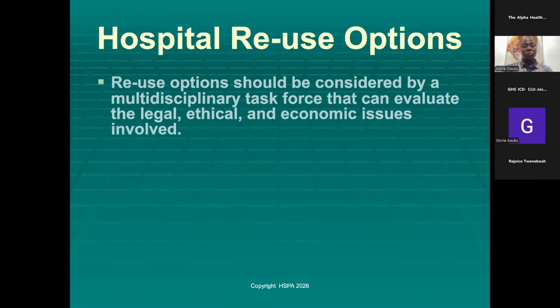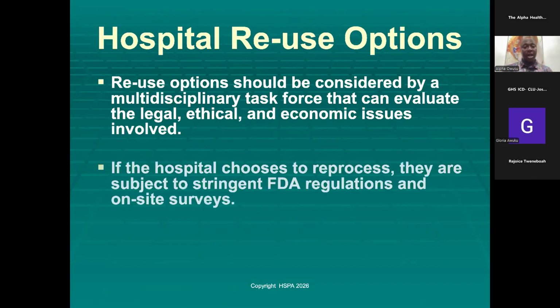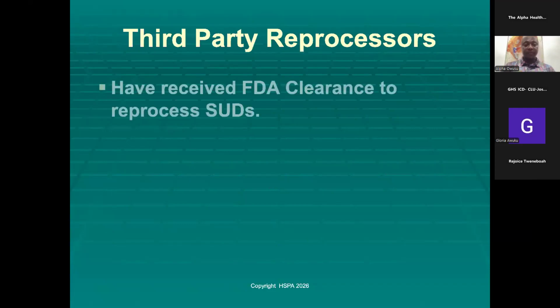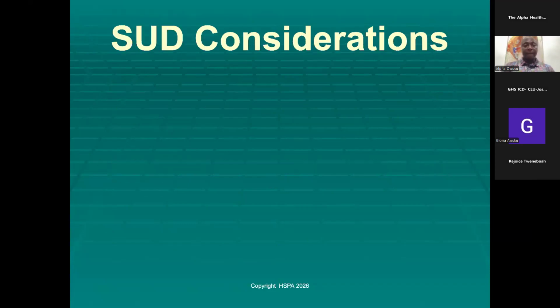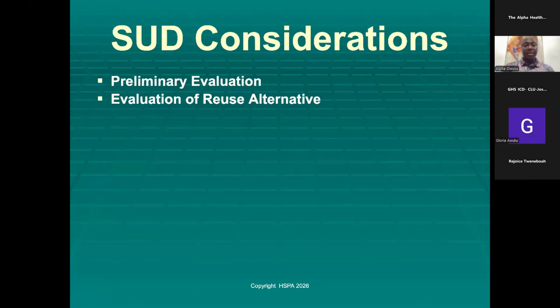Hospital reuse options, right? Again, if you want to do that, like I said, there should be a multidisciplinary team to look into that. And then you look at the processes and go through stringent FDA regulations. There should be steps they meet, they do a risk assessment, and then they look at what they should be doing, right?